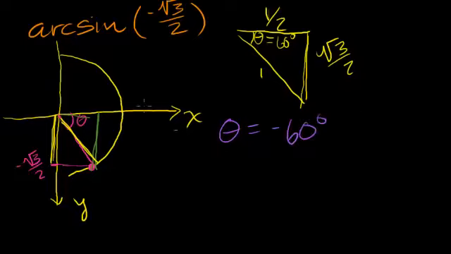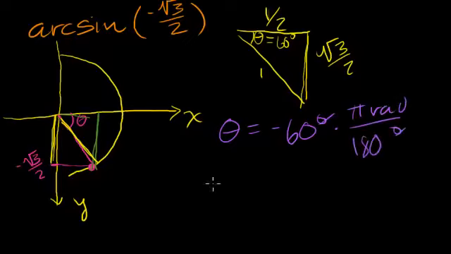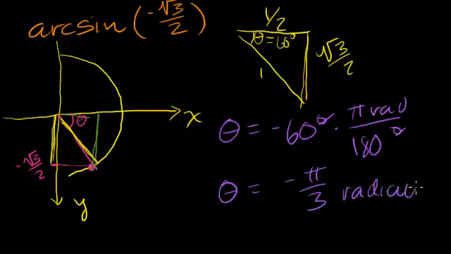But if we're dealing in radians, that's not good enough. So we can multiply that times pi radians for every 180 degrees. Degrees cancel out. And we're left with theta is equal to minus pi over 3 radians.